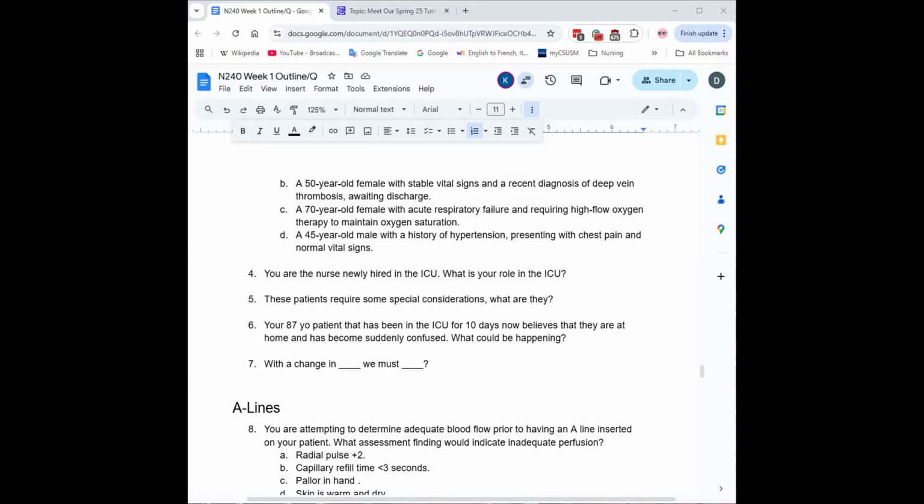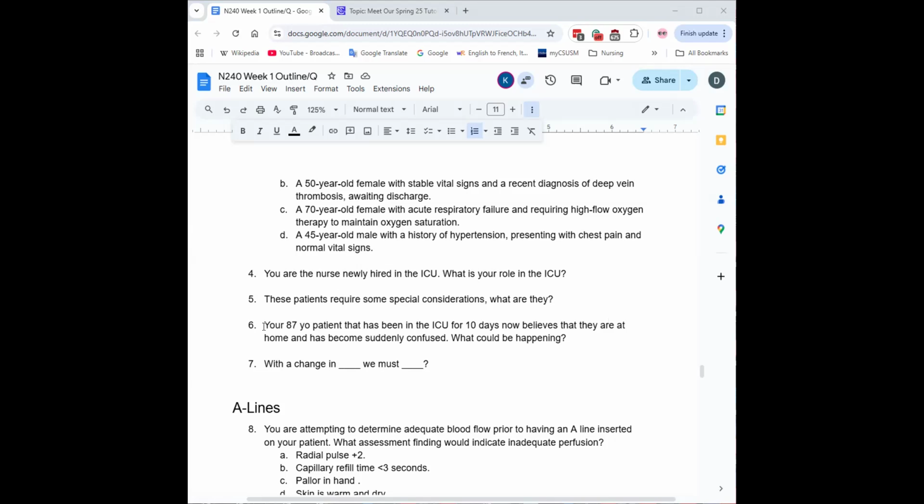Your bag valve mask will always be in the room with your ICU patients. If they're at risk for respiratory decompensation and possibly failure, know that your intubation equipment and your crash cart are nearby that patient's room.